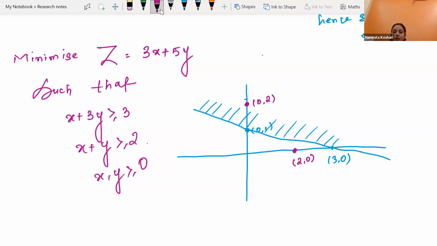A solid line or a dotted line? Solid. Here also we will substitute 0, 0. Okay. Is it satisfying? No. So that means this part.